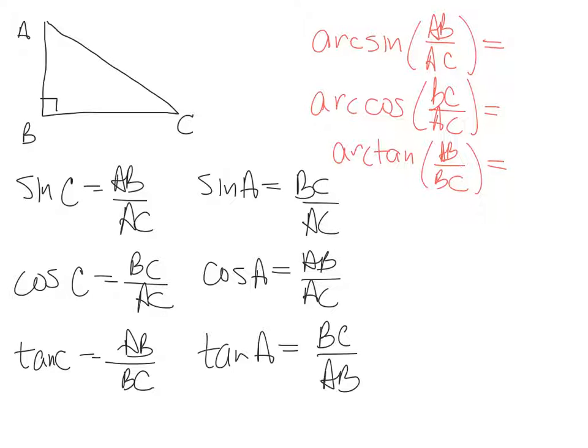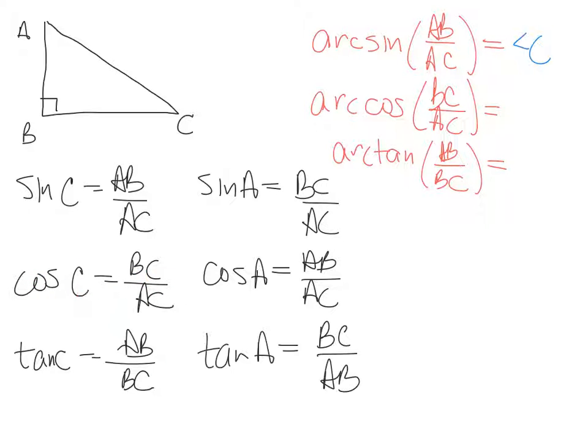Let's look back over here. What is AB over AC? Well, that is sine of angle C. So arcsine of this is actually angle C. How about arccosine of BC over AC?